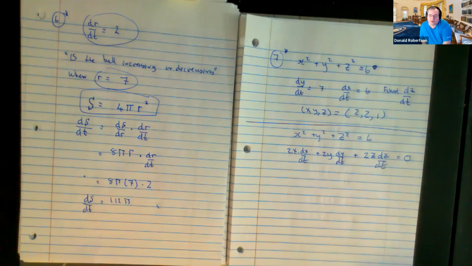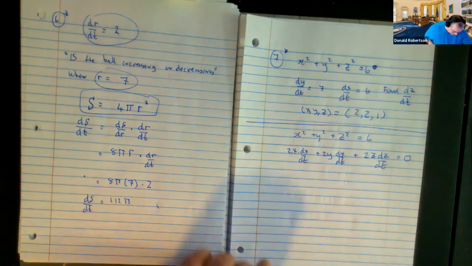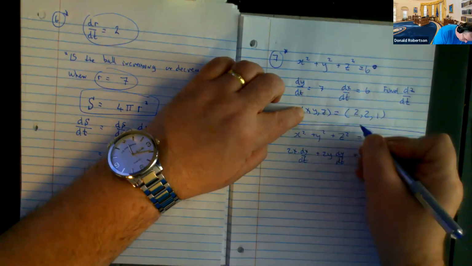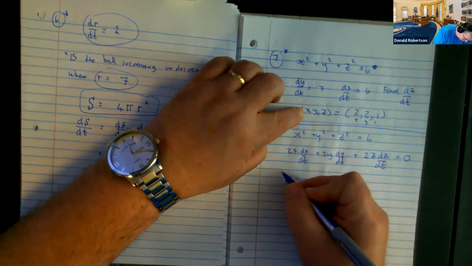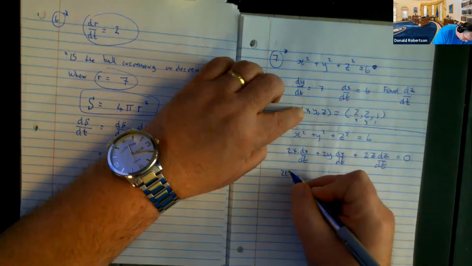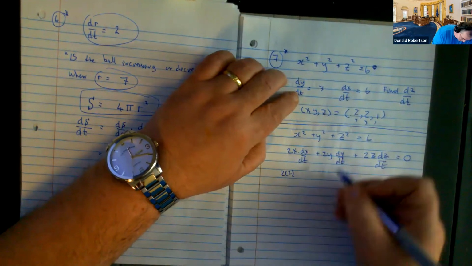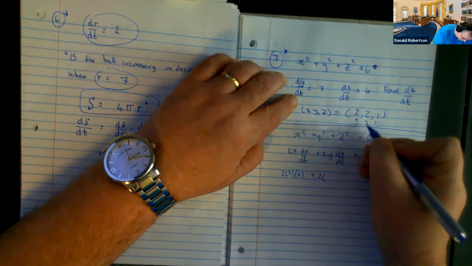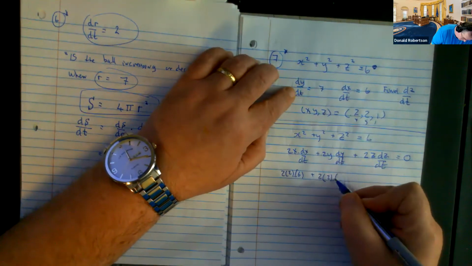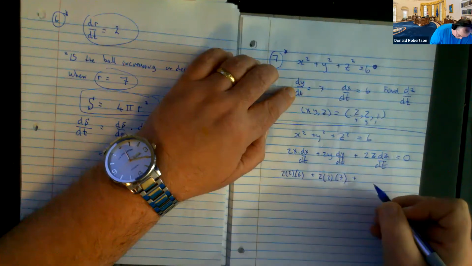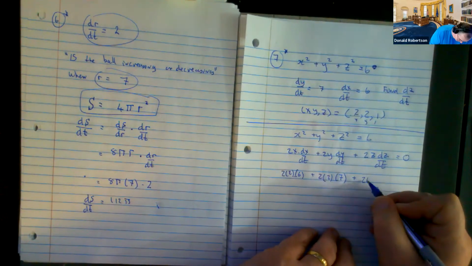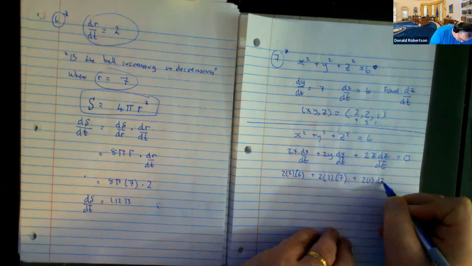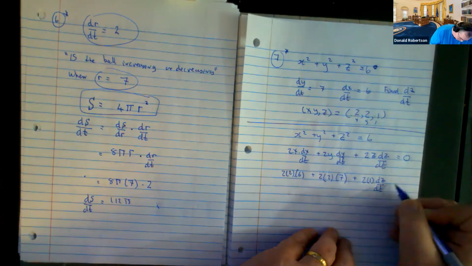So that keeps it all balanced. And now I'm going to plug in: x is 2, times dx by dt, which is 6, plus 2 times y times dy by dt, which is 7, plus 2 times z times the unknown value dz by dt.